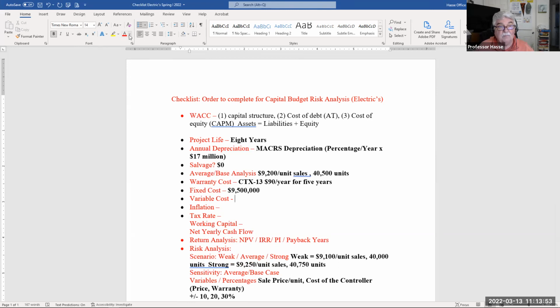Your variable costs in the problem are your per unit costs given in Exhibit 1.